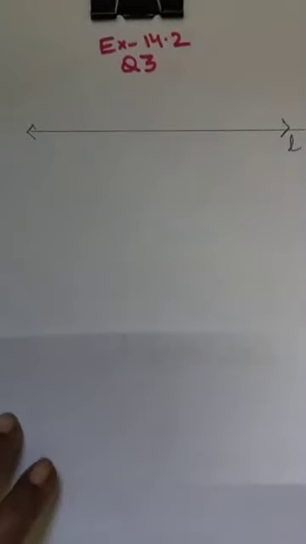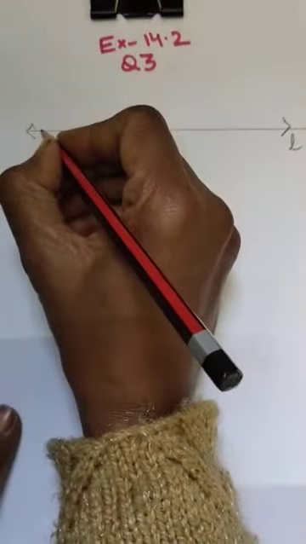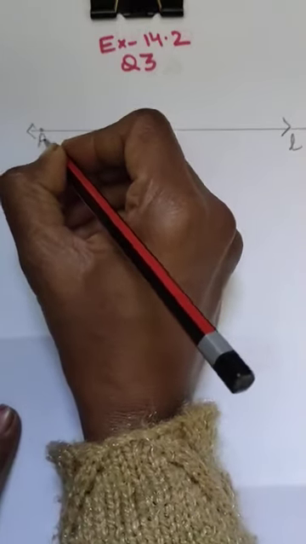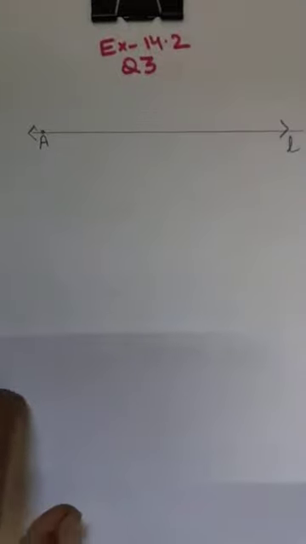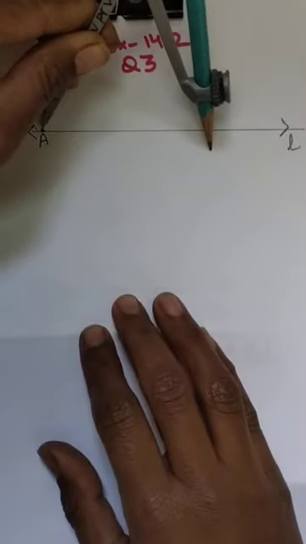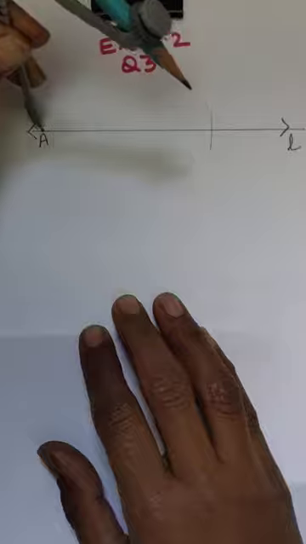Before that you have to mark a point A on line L. Now place the pointer of the compass at A and draw an arc which cuts line L at B. Place the pointer of the compass at A. Draw an arc.